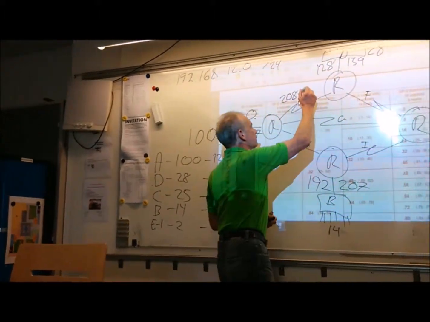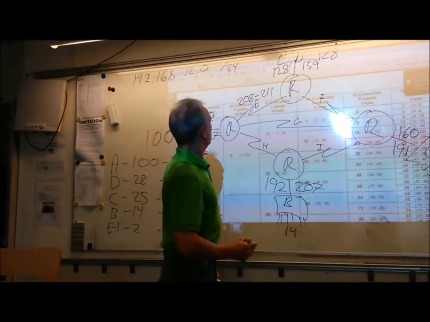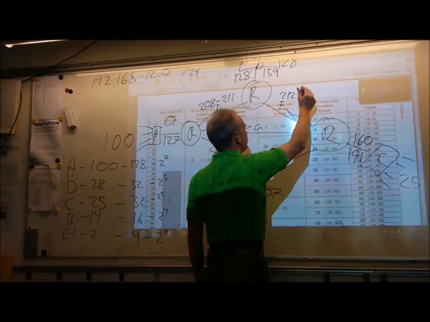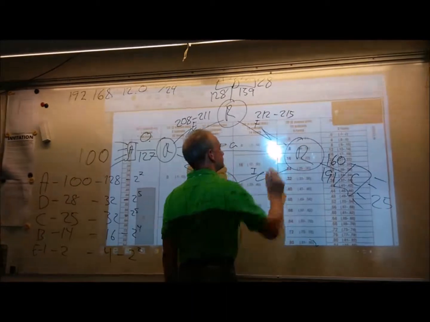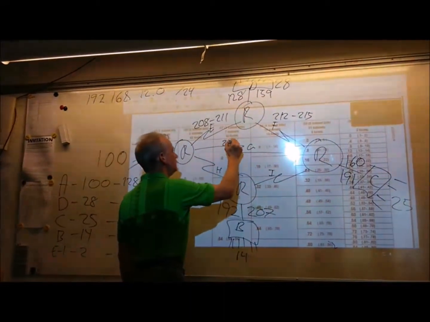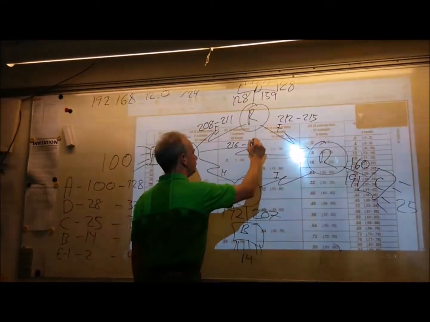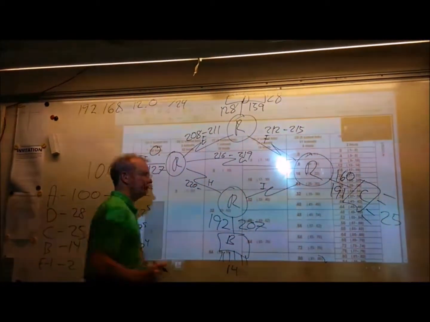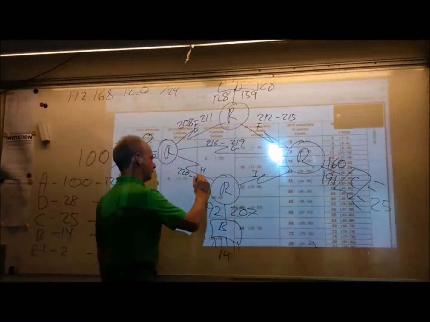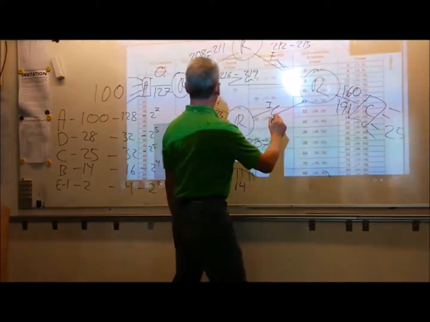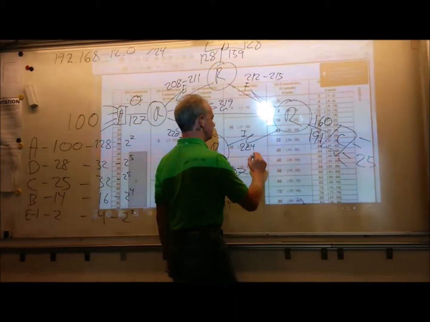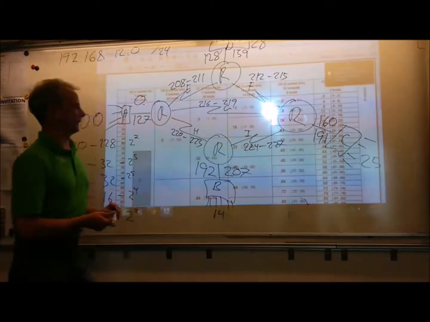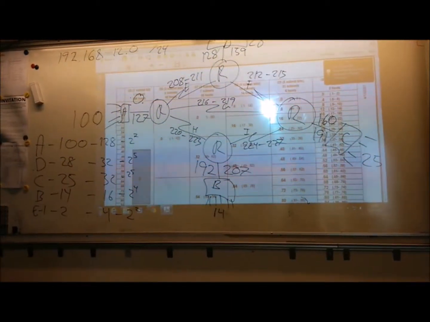Broadcast is 211. Gives us 212 for F, 213, 214 to 215 in broadcast. Gives us 216 to 217, 218 to 219. Gives us 220 to 221, 222, 223. Gives us 224 to 227. That's all of it subnetted.